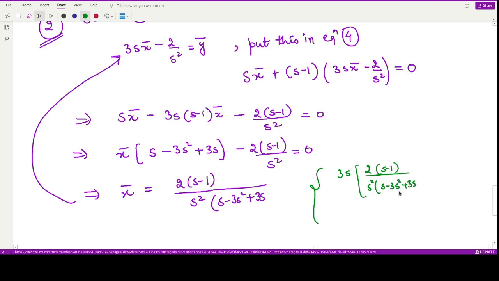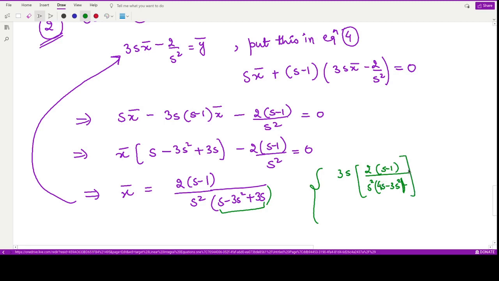So basically this expression becomes 4s minus 3s².